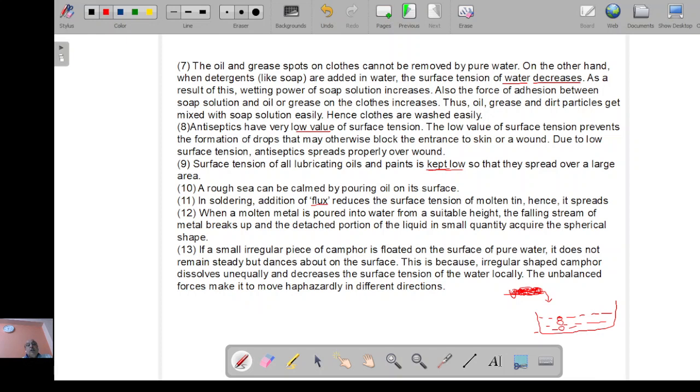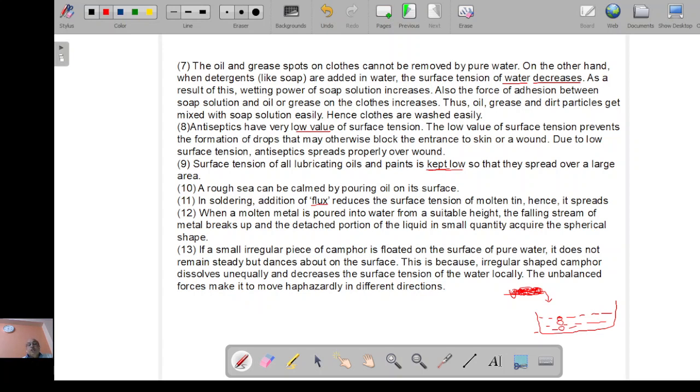If a small irregular piece of camphor is floated on the surface of pure water, it does not remain steady but dances on the surface. This is because the irregularly shaped camphor dissolves unequally and decreases the surface tension of the water locally, because of its uneven surface and so uneven adhesive forces.